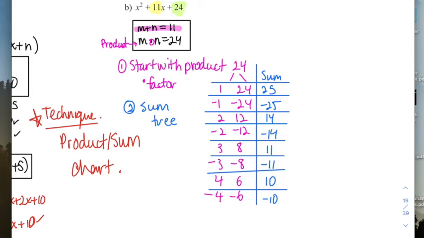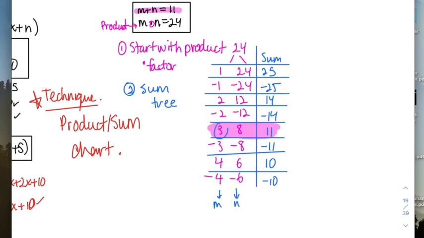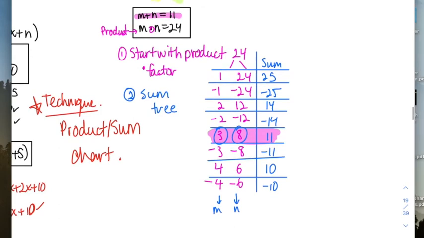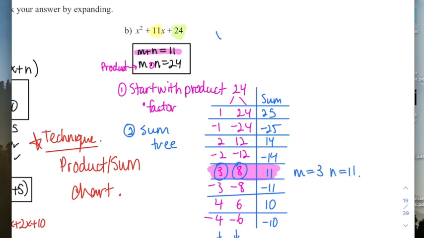So I'm going to look here and I can see that this is the pair I want. These are like potential m and n values, but the only m and n values that work are 3 and 8. So I'm going to say m equals 3 and n equals 8. I'm going to write my answer here, x squared plus 11x plus 24 equals x plus 3 times x plus, sorry, not 11. This should be 8.